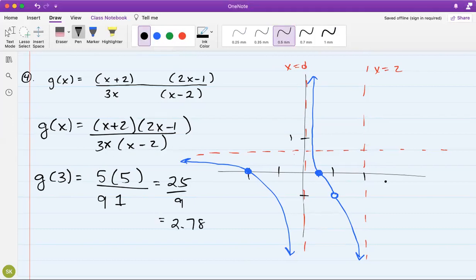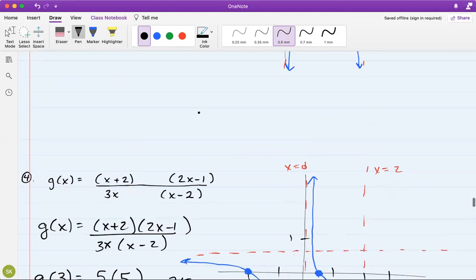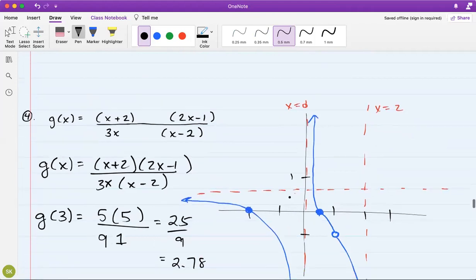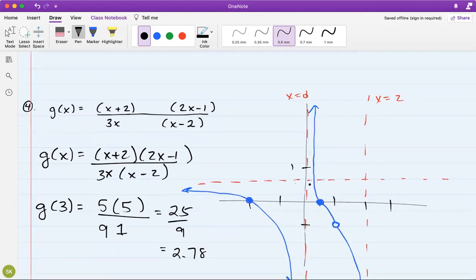Okay, so when we plugged in 3, the asymptote, remember, that was the asymptote we found. Was it 2/3? I erased it. Let me just look back for a second. So it was 2/3, sorry.